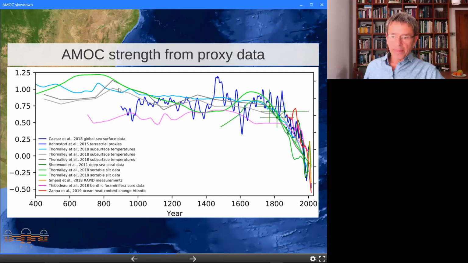And you can see how in these different proxy data, the overturning circulation has evolved, basically stable for more than a millennium, and then it started to go down. And in the 20th century, we reach a low point, which is probably the weakest overturning circulation in the Atlantic for at least a millennium, probably more.